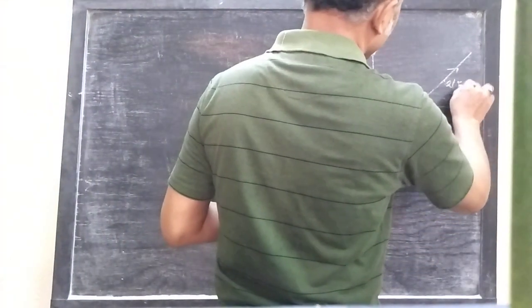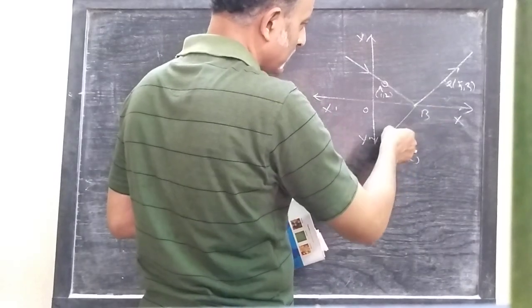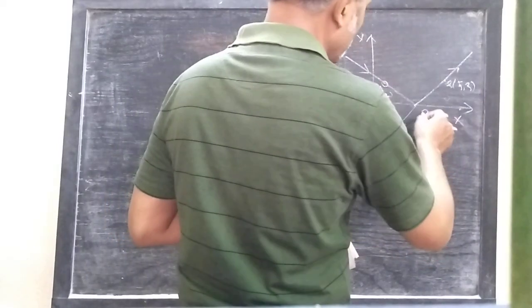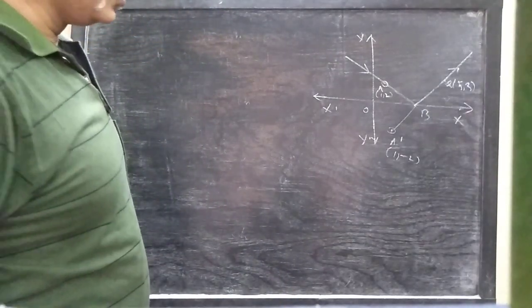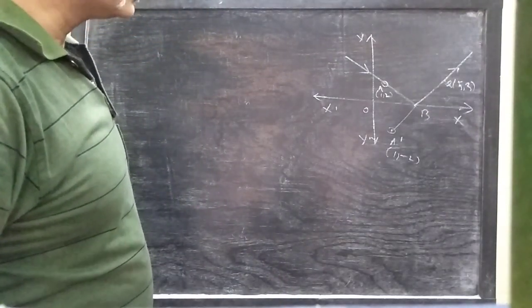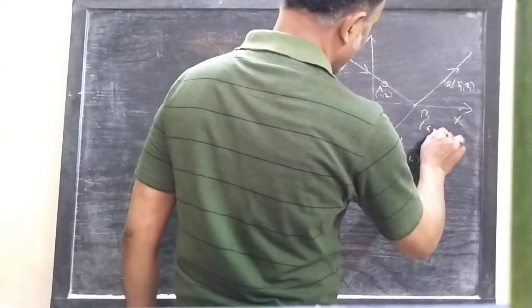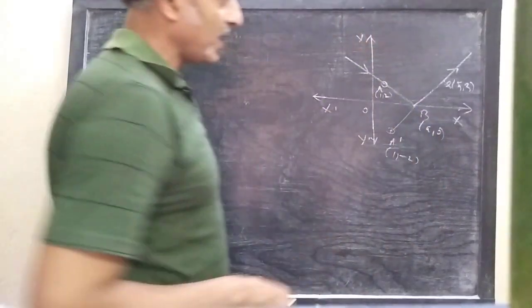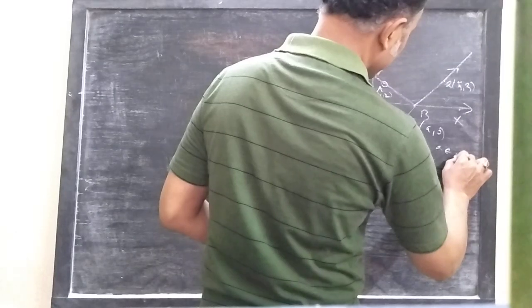In that case, A dash, B and Q will be collinear. Now, as the point of incidence B lies on the x-axis, you can consider its coordinates in the form a, 0 because its ordinate is 0, a is any real number.